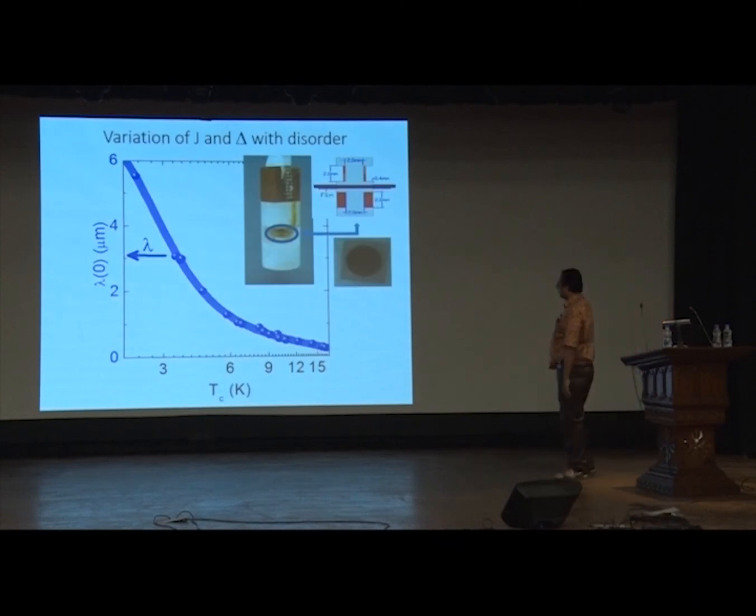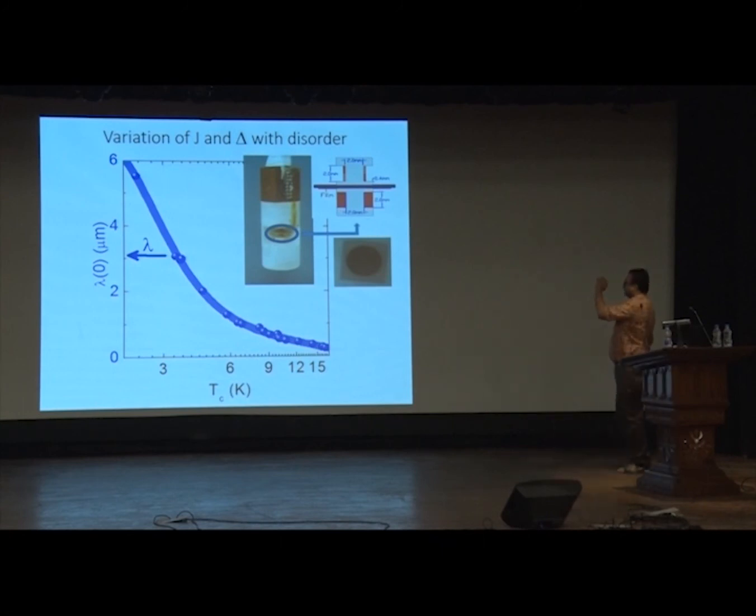To look at this, we had to build another toy, and that toy is for the measurement of the superconducting penetration depth. Now, I won't go into the details. This is the two-coil mutual inductance technique, which is extremely powerful because it gives you the absolute value of the penetration depth without any fitting parameter, without any proportionality constant.